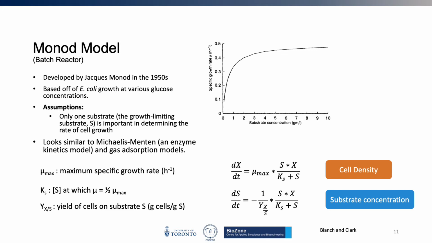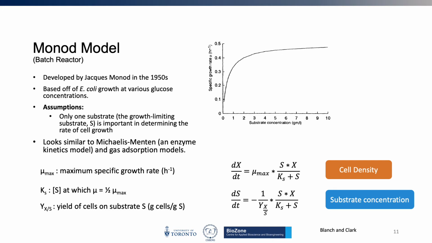The terms that are important in this model are mu max, which is the maximum specific growth rate of the organism on the specific substrate S. K sub S is the concentration of S at which the growth rate is equal to half of mu max. And just to mention, I forgot to say that the units of mu max are inverse hours.